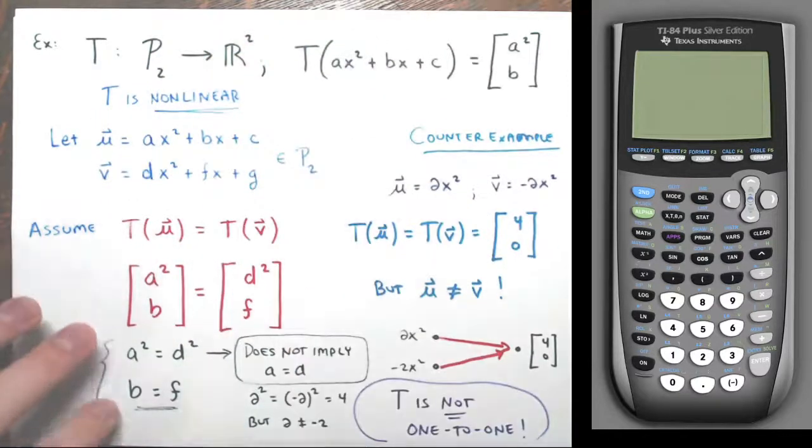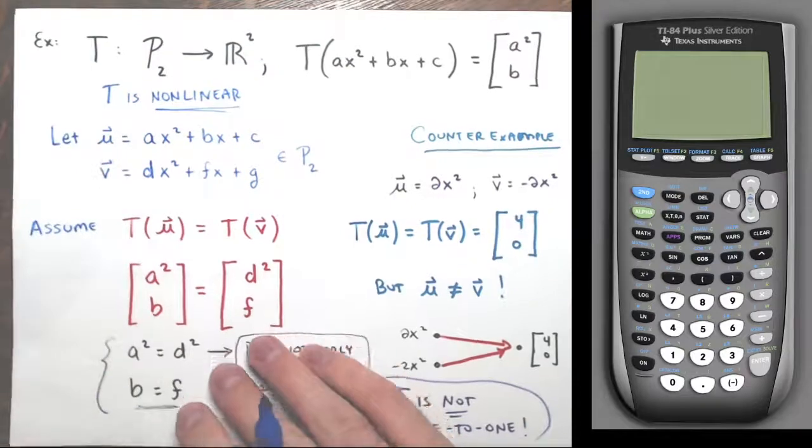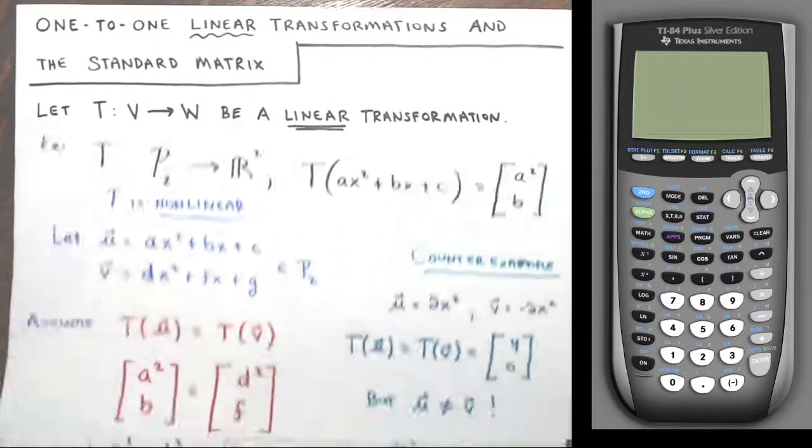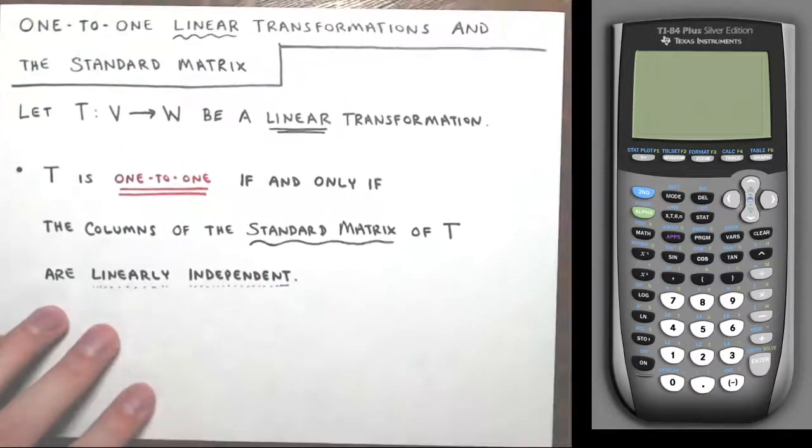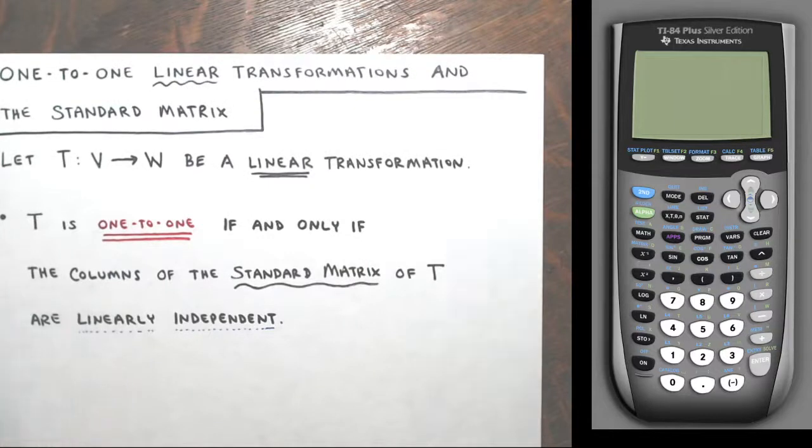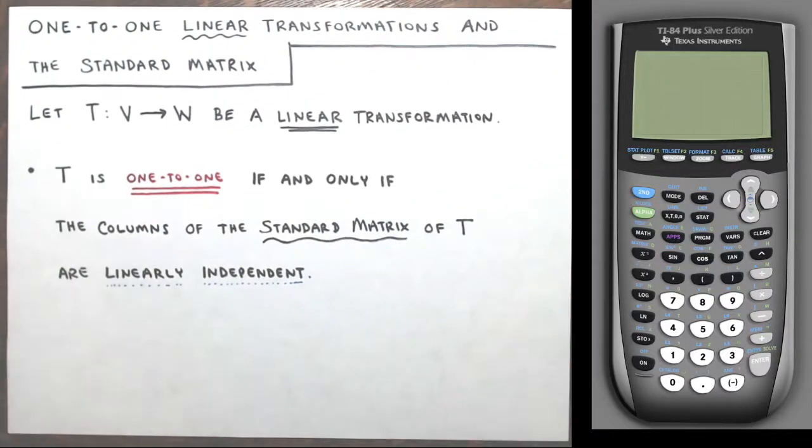So I'm not going to apply what I just said to this example. But all the rest of them, I'm going to do again, involving the standard matrix associated with each transformation.